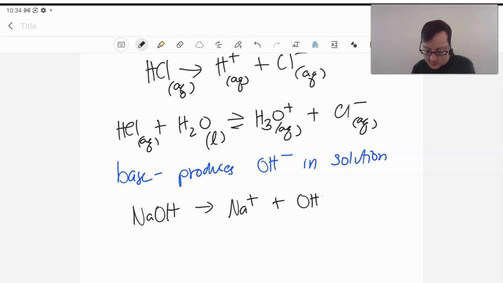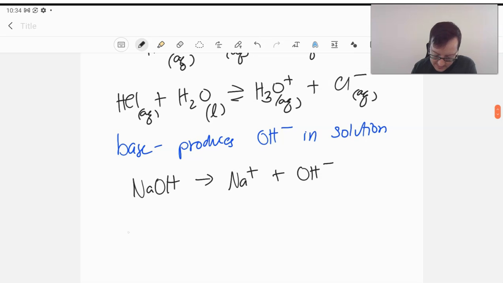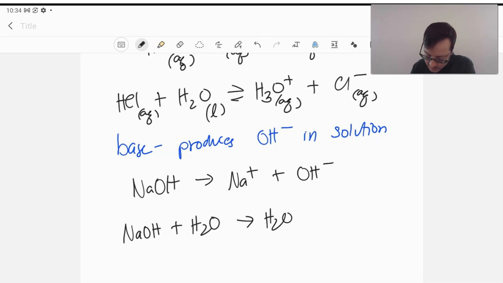We break that apart into its ions. Lo and behold, there's our OH minus. When we look at how this would react with water, this is technically going to produce a water molecule plus an OH minus plus a sodium ion.